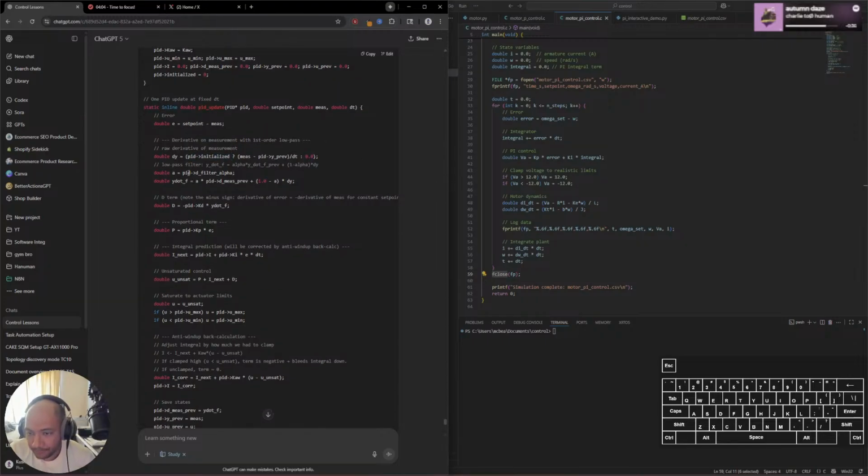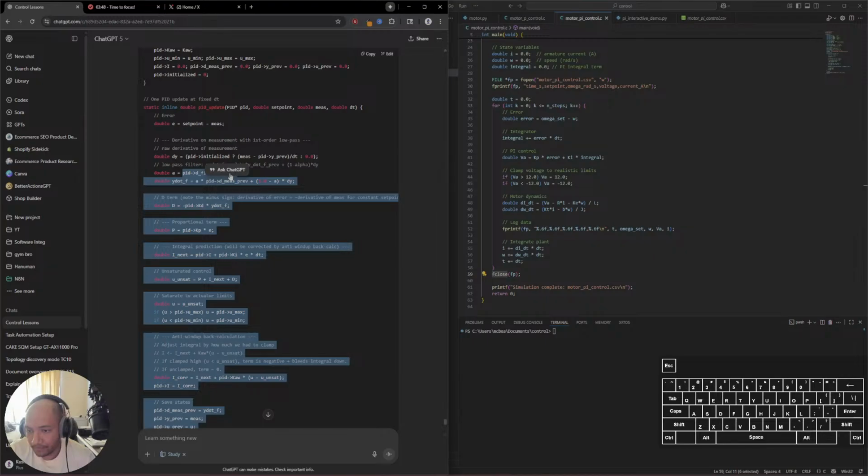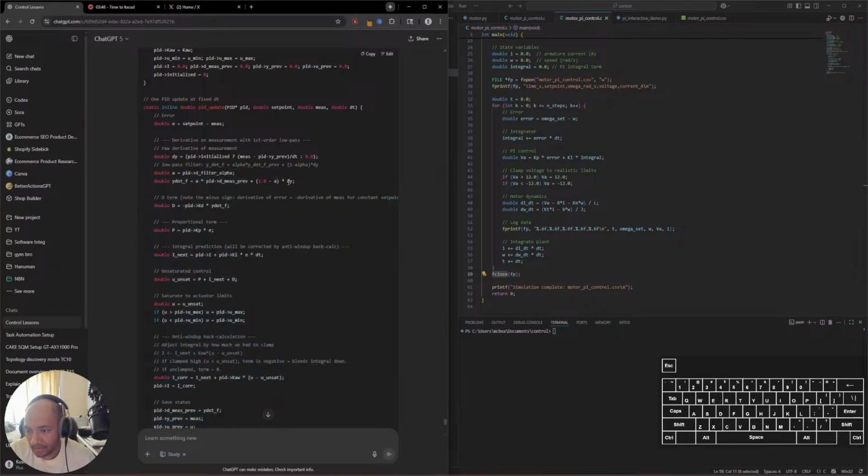Moving on. PID filter alpha, y dot f, the first derivative, is a times PID measurement previous, but I don't have a previous measurement, 0. So minus a is just the filter, times dy, and dy is also 0. So first one's gonna be 0.